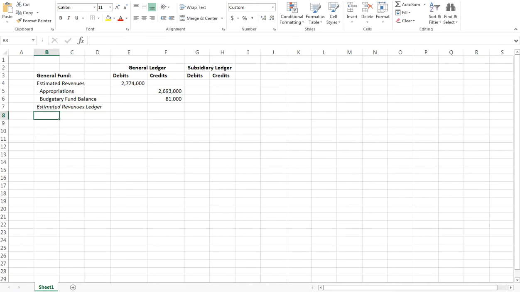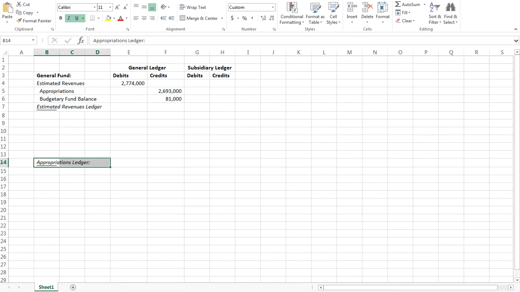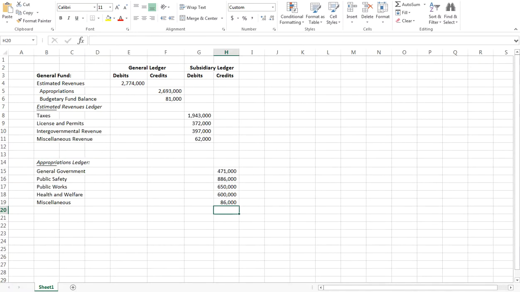We'll also have our appropriations ledger. We'll list out our budget items so you can see those and how they impact our subsidiary ledgers. All I've done is take the information from the budget and show those entries by classification in my subsidiary ledger.